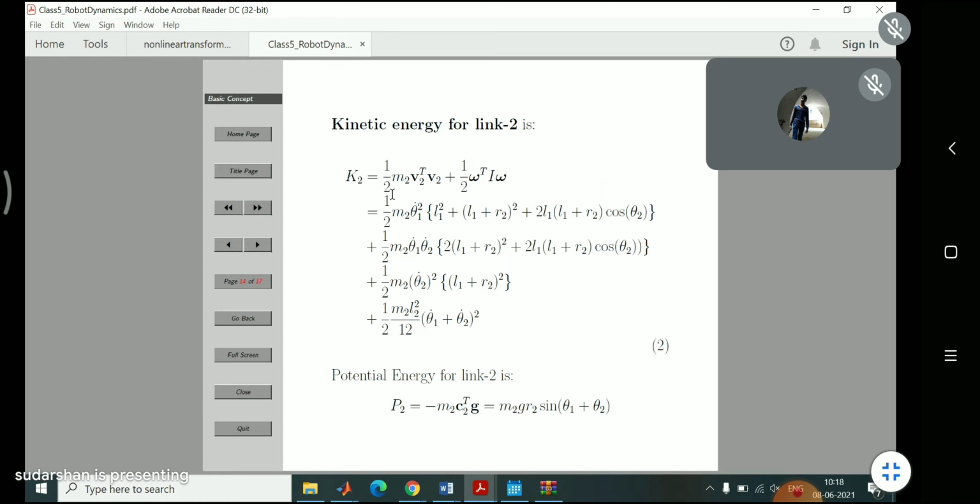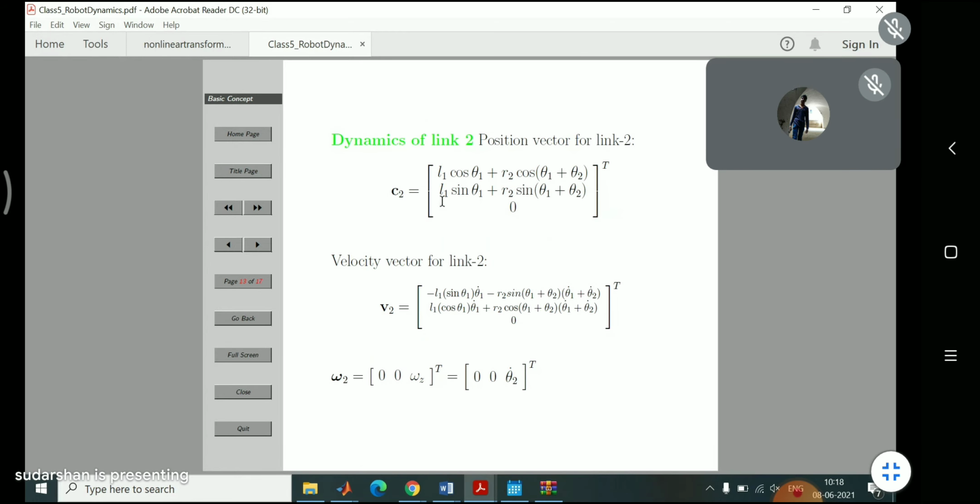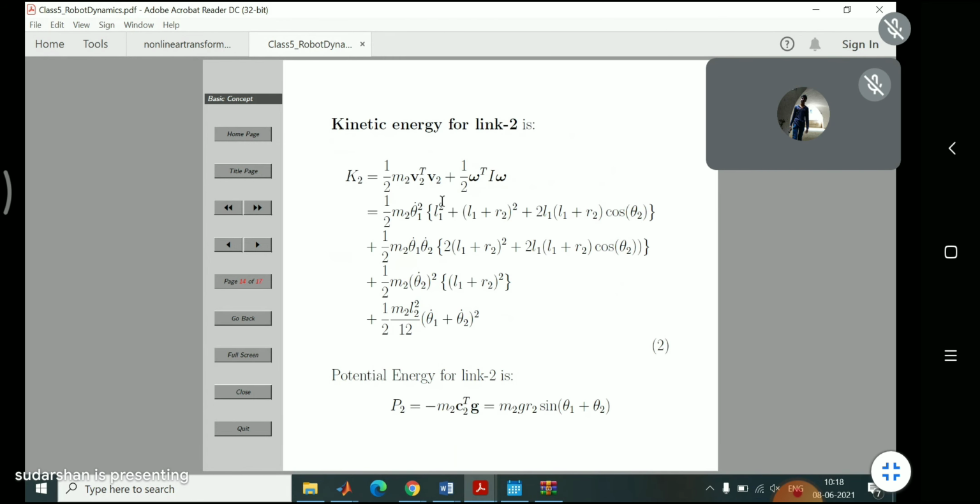So K2 is equal to 1 by 2 M2 V2 transpose V2 plus 1 by 2 omega transpose I omega. Okay. So you do V2 transpose V2, and also do omega transpose I omega.